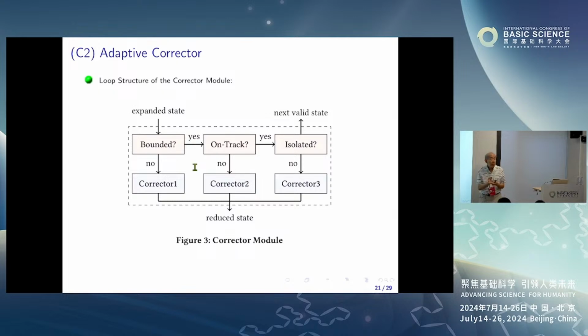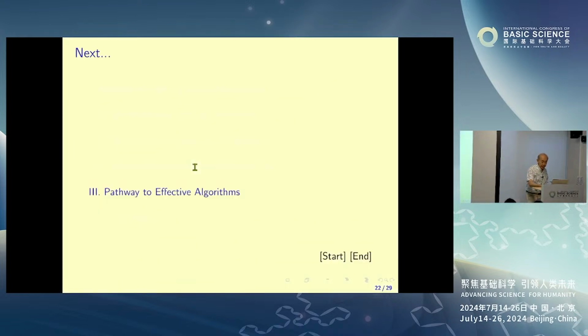On track means is your curve coming out on the other end? If it does, then you're okay. You don't want the curve to go outside to the side. And if not, then you have corrected in a different way. And finally, you want it to be well isolated when you come out. And if not, you have to correct it. So this is the structure of our path tracker.